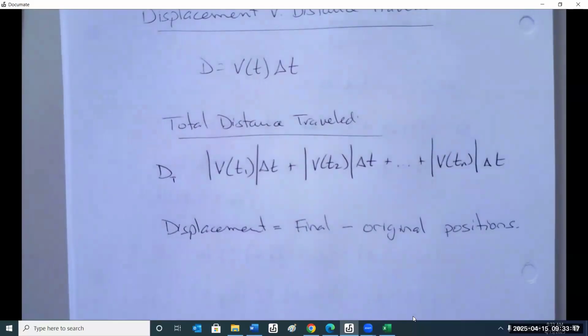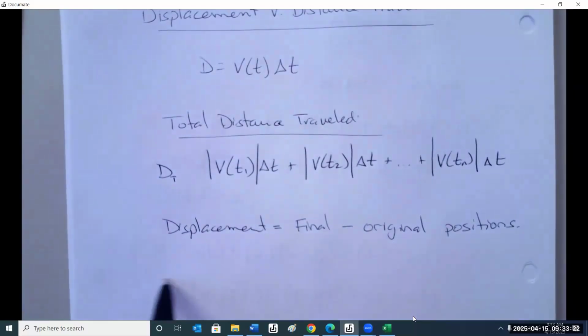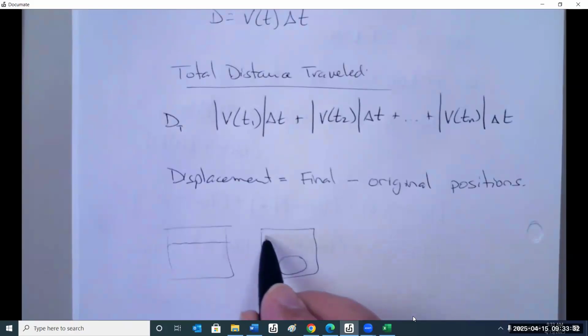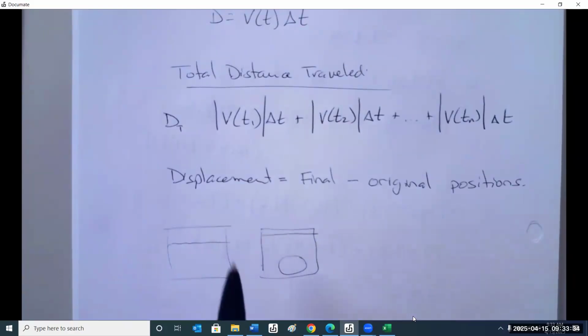Like I said, the example of the water. If you had a bucket of water, the water level's here. That's the original. I put the ball in there. The water level rises. The difference between the beginning and that one, that's displacement.